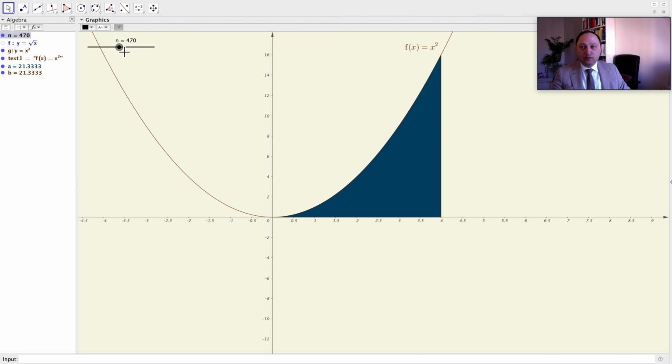So if I increase it to 1000, it's even smoother. So I think now you agree by this demonstration that even though it is boring to start writing the areas of the rectangles and adding them one by one, in principle it works.